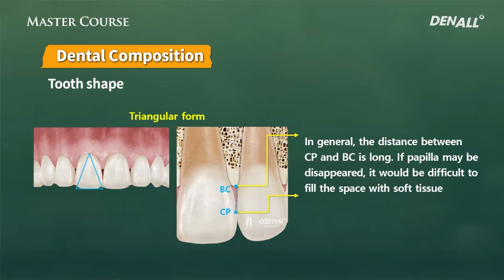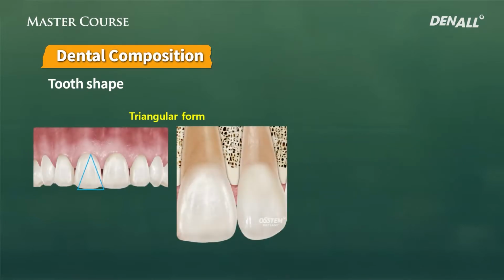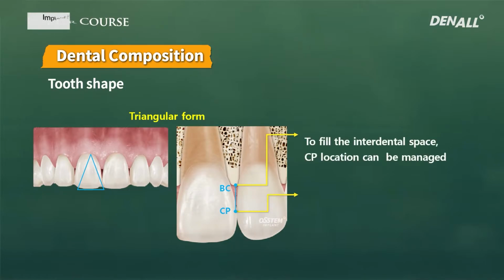So for the triangular shape of teeth, in terms of the relation between the teeth and gingiva, it is important to prevent the perio disease. In this case, the contact point can be managed to be brought up or down using prosthodontic technique so that the embrasure part below the contact point, the interdental papilla area, can be filled.